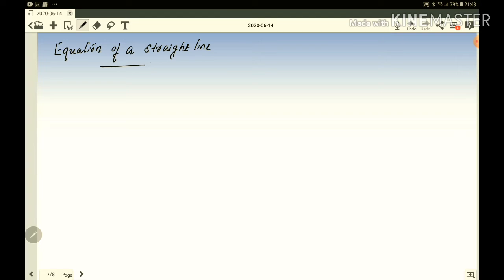Okay, next item, that is equation of a straight line. We are using the formula y minus y1 is equal to m times x minus x1. This formula we can use, or we can use y is equal to mx plus c. In both cases, we need one point.